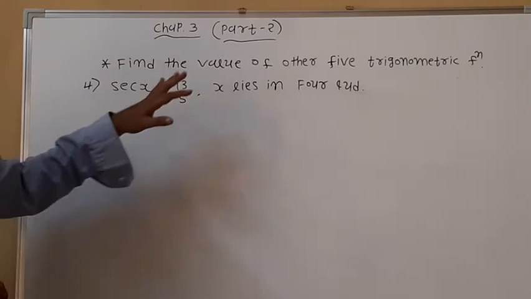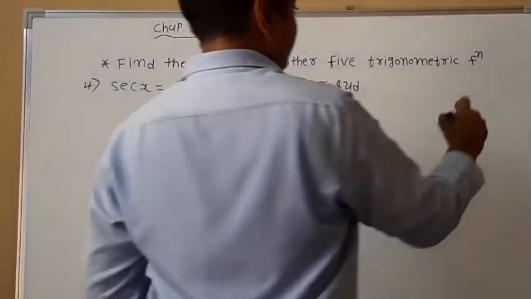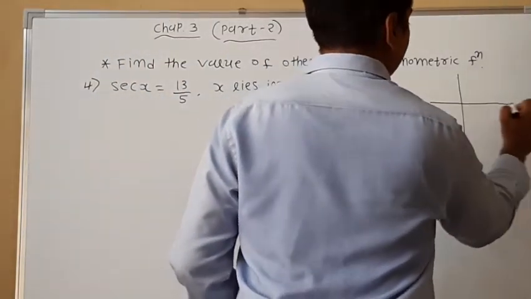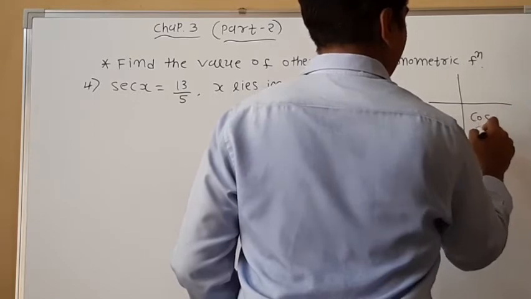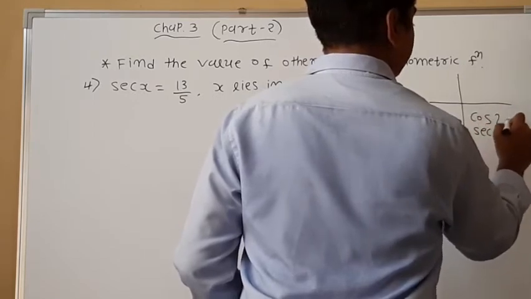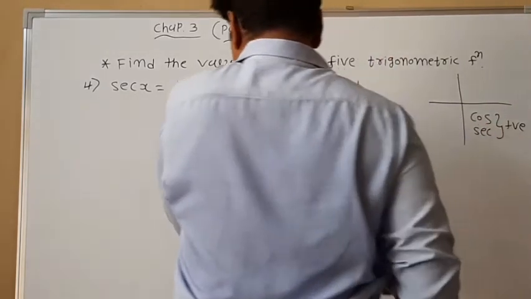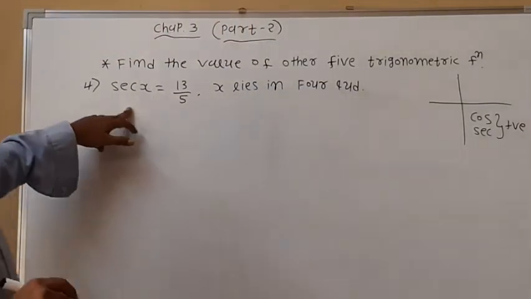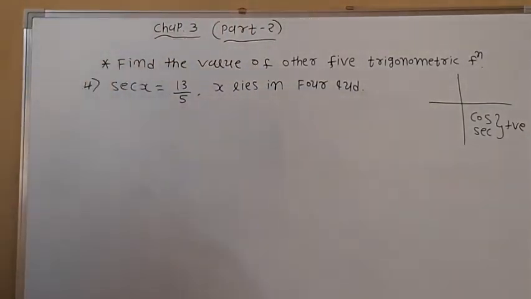Here again the fourth quadrant is given, and we know that in the fourth quadrant only cos and sec are positive, right? So here sec x is already given in positive form.